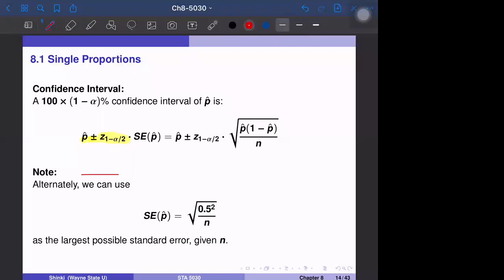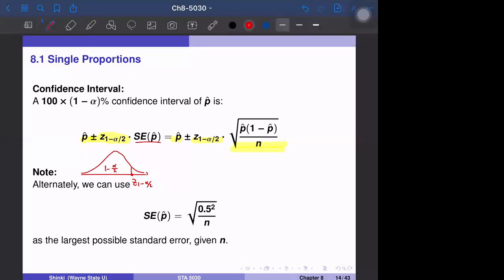This is the quantile point, and the area below that point is 1 minus alpha over 2. This value is multiplied by the standard error of p hat, which is calculated like this. So p hat plus minus the quantile point times this standard error makes the confidence interval.